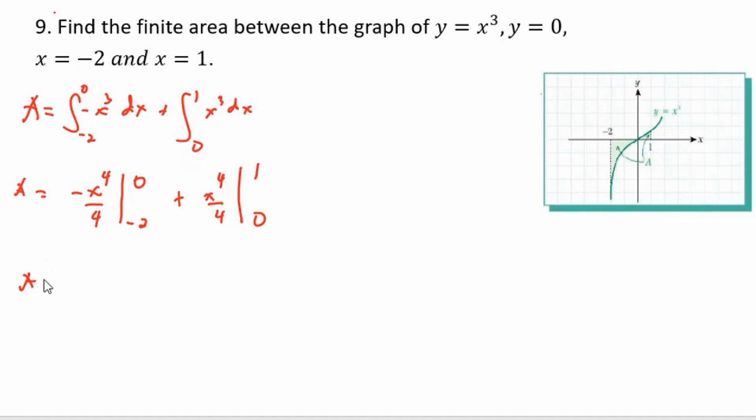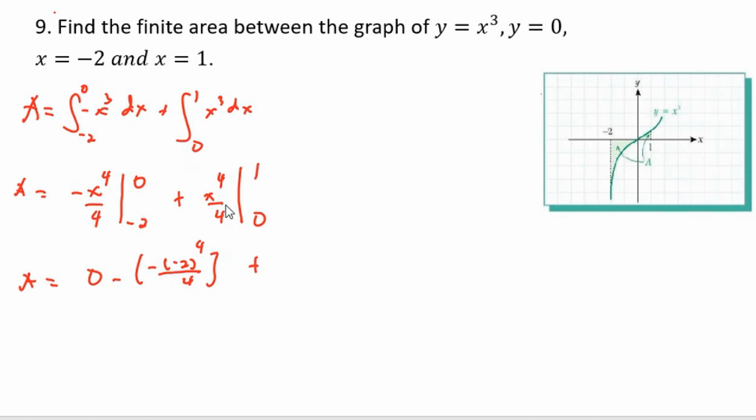By using the fundamental theorem of calculus, this will give us the answer. If we substitute 0 here, that becomes 0, and then minus the negative of negative 2 to the fourth power over 4, and then plus the second term, where the upper limit is 1.